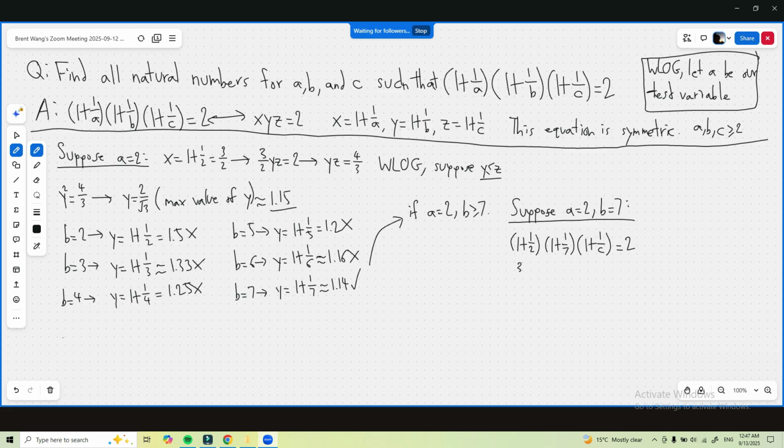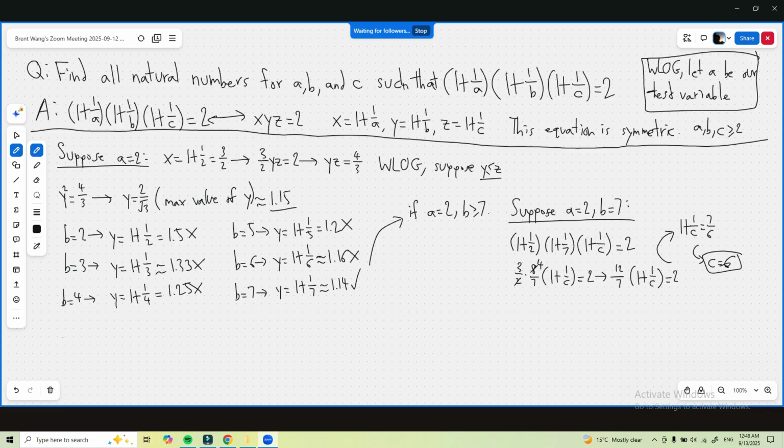Then that's 3 over 2 times 8 over 7, which is 12 over 7. So 1 plus 1 over c is equal to 2, times both sides by 7 over 12. And you'd have 1 plus 1 over c equals 7 over 6, and then c is equal to 6.